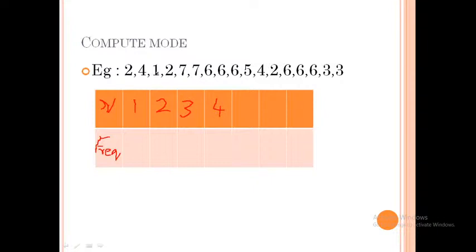Then after 4, we have 5, so we write 5. Then after 5, we have the variable 6, and after 6, the variable we have is 7. Now let's see the frequency of each variable. In the first row of the frequency distribution table, we have written the variables.